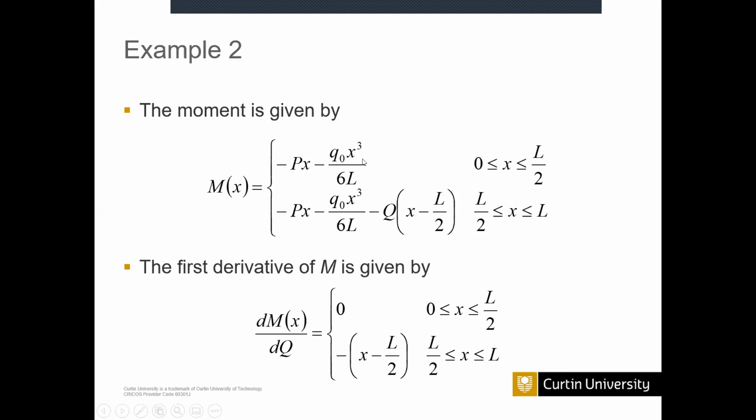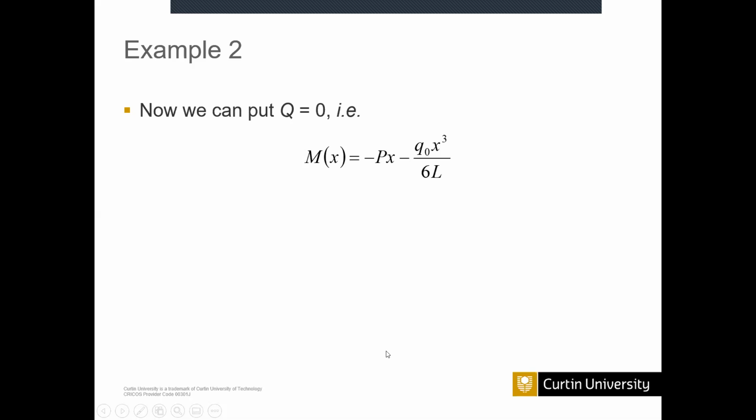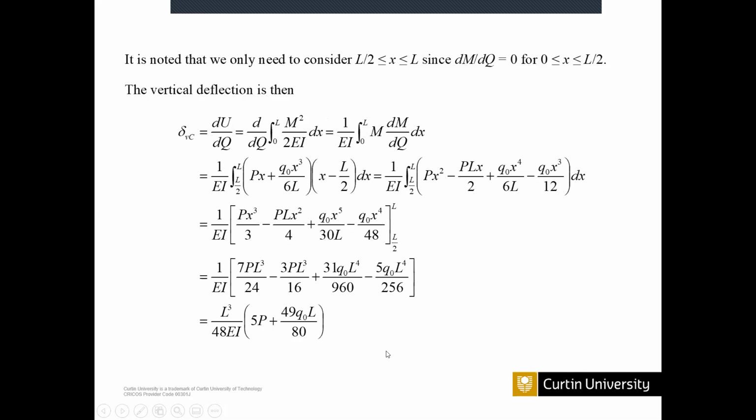So you can substitute the bending moment equation, this one, and dM by dQ, this one. You can see now this is the equation. I already explained this one. So then dU by dQ, that is the point C vertical deflection. So this is the equation with the U, introducing U here.